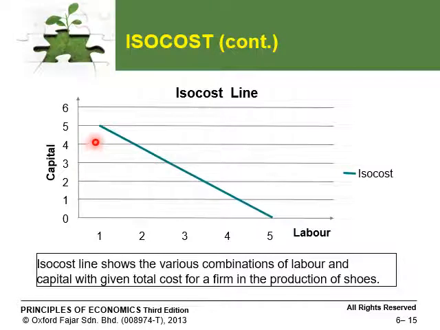The points of these combinations are joined together to shape this kind of curve. For example, this point will be combined with this and this and this. That is why when all the points combine together, they show this shape, the straight downward shape of the isocost line.